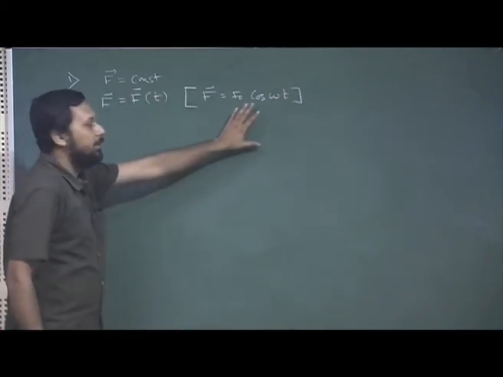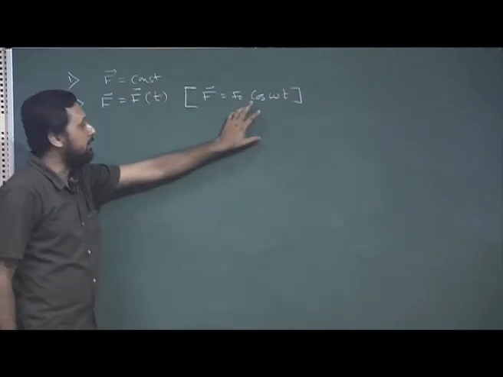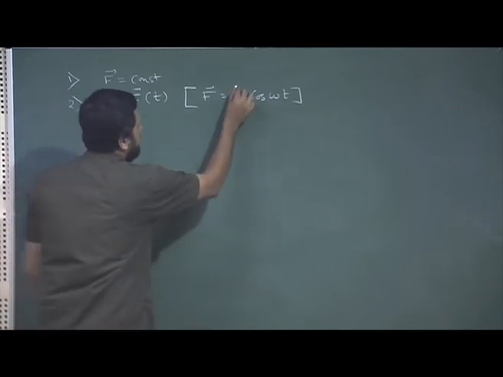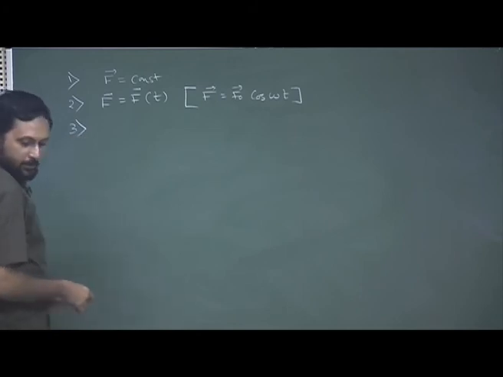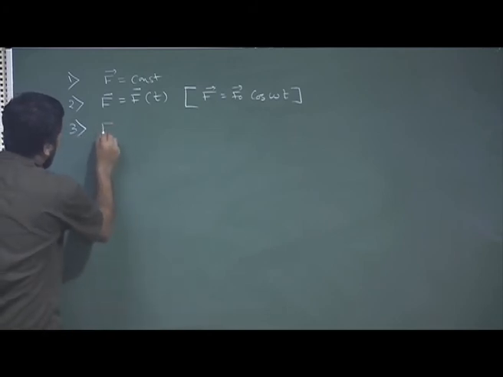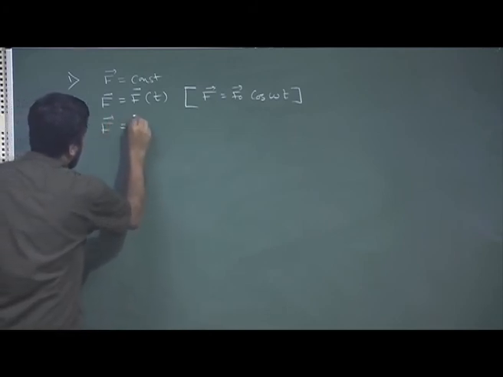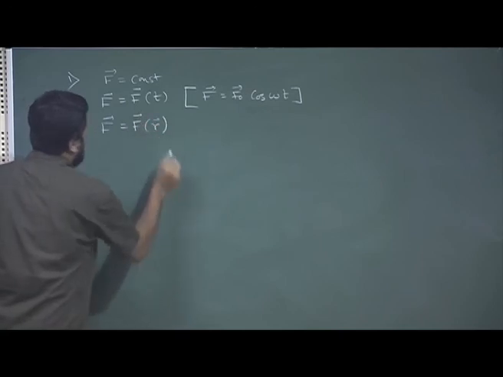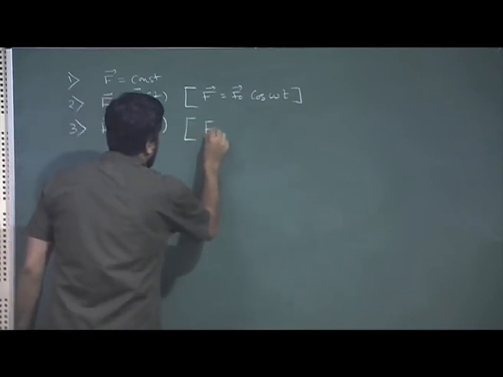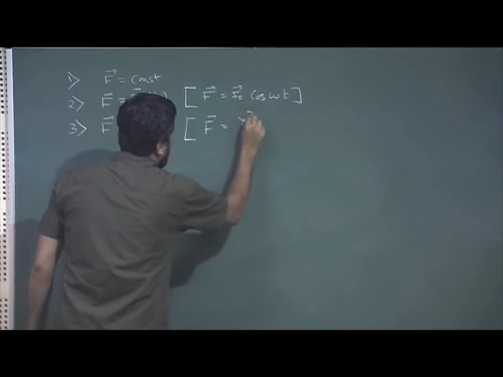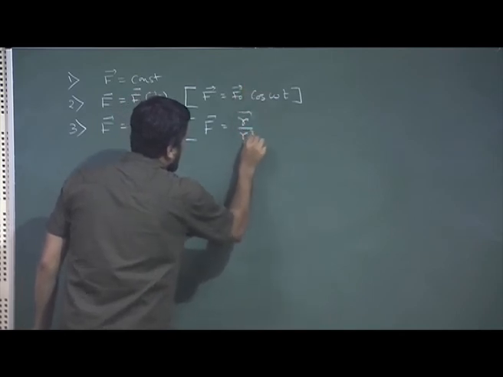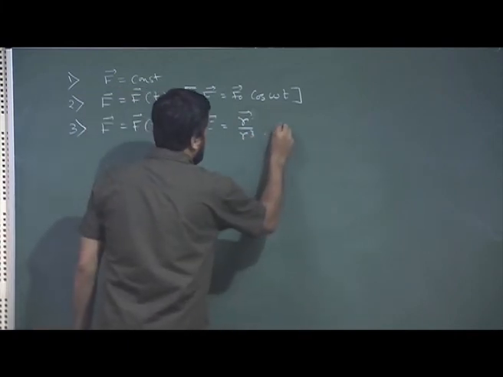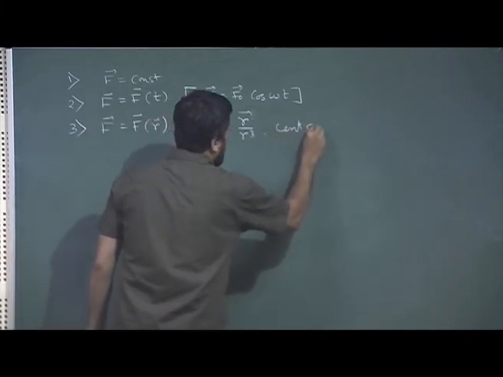This is a periodic force, where the magnitude of the force changes with time. Thirdly, we can have something like F of r, for example F equal to r by r cubed. This is a central force.